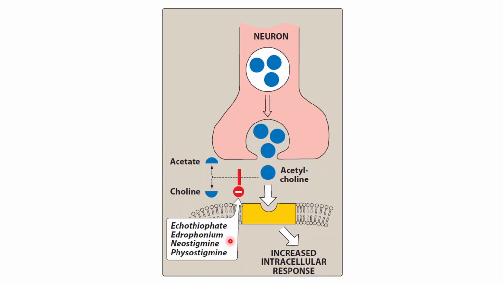The physostigmine increases the intestinal and bladder motility, and these are used in atony of the intestine and bladder. Physostigmine is also used in the treatment of overdoses of the anticholinergic drugs such as atropine.